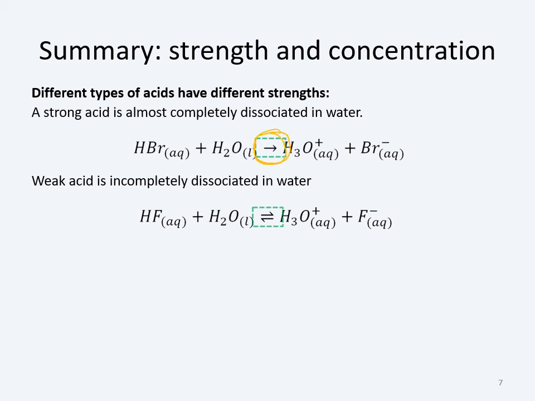That's okay if you're talking about a strong acid. However, we've seen that with a weak acid, and you'll see this when you try the example in the quiz, you should not get a fraction dissociated that is 1. You're going to get something significantly less than that. A weak acid is incompletely dissociated in water, and in that case you need to use the equilibrium arrow, because the equilibrium often lies on the left-hand side.